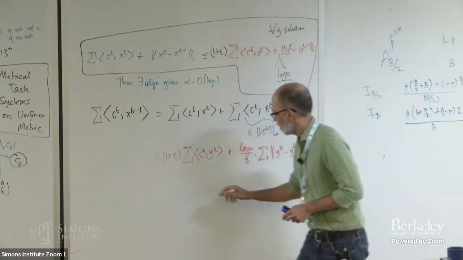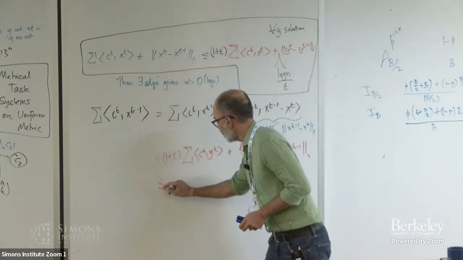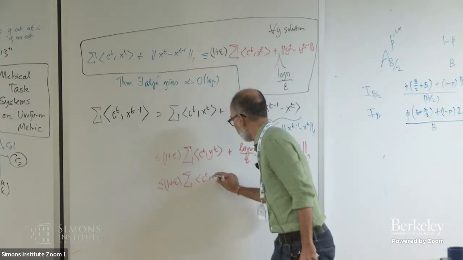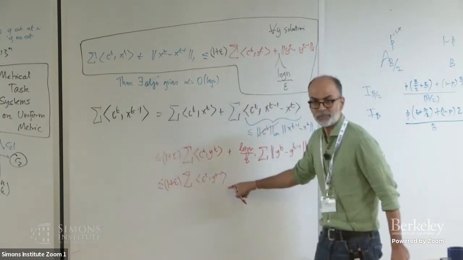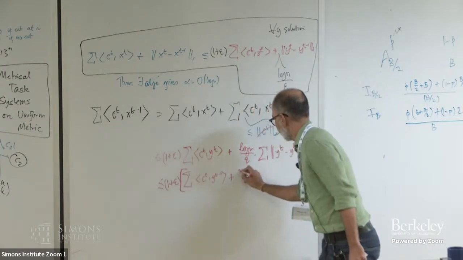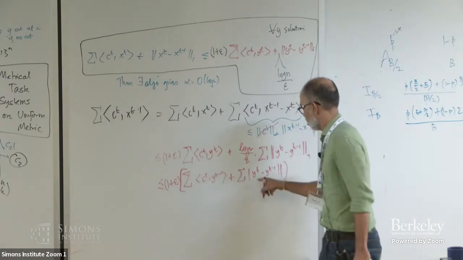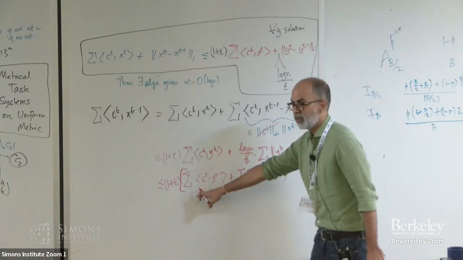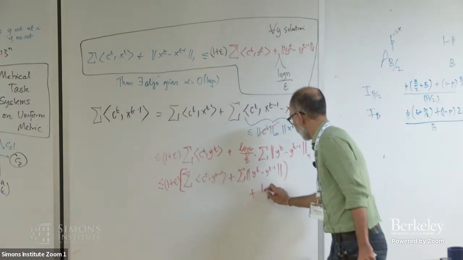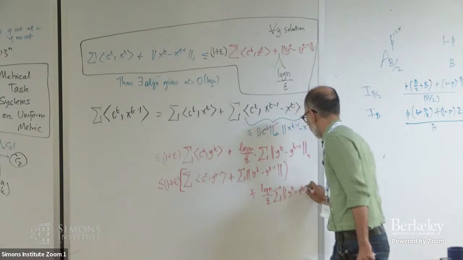Then, using the same trick that we did before, this is at most 1 plus epsilon times c_t y_t minus 1 plus the same trick as before, plus log n over epsilon times the summation of the movement of y_t minus 1.